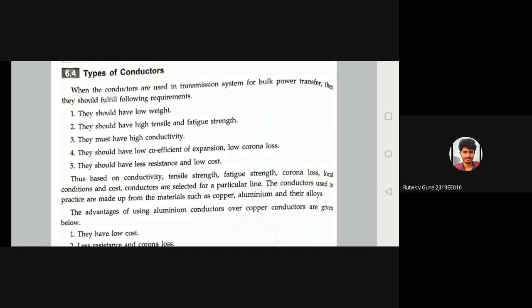Okay. As we are studying the overhead transmission lines, there are some things that need to be considered while designing the transmission line, and one of them is the conductors. The important factors are the type and size of the conductors, the voltage level, the line regulation and control of the voltage, efficiency of the transmission, corona loss.